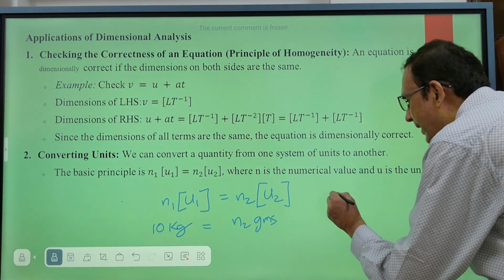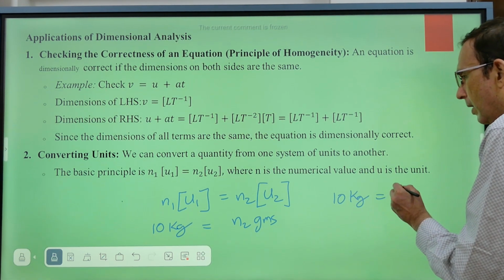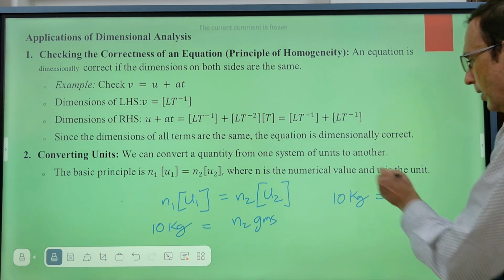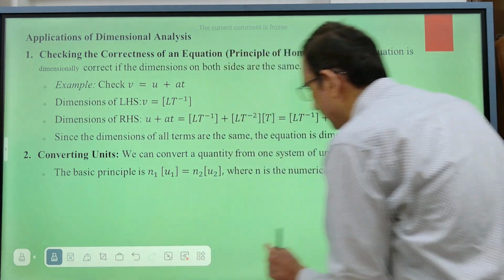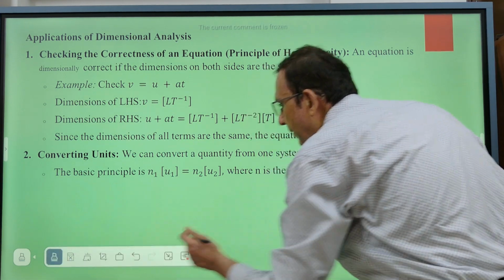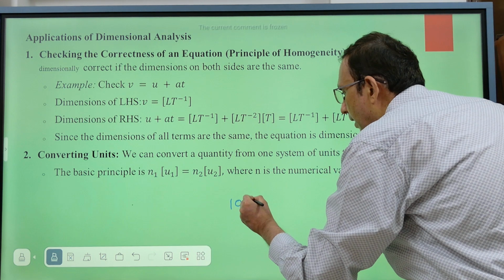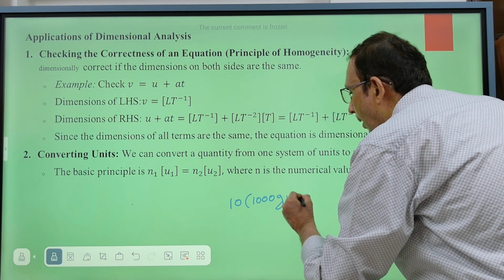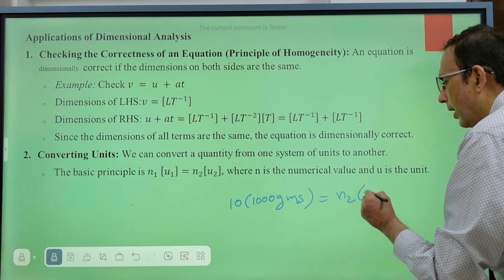So you can say 10 kg is equal to n2 times grams. So you can actually write kg in terms of grams here. So you can write 10 into 1000 grams is equal to n2 grams.